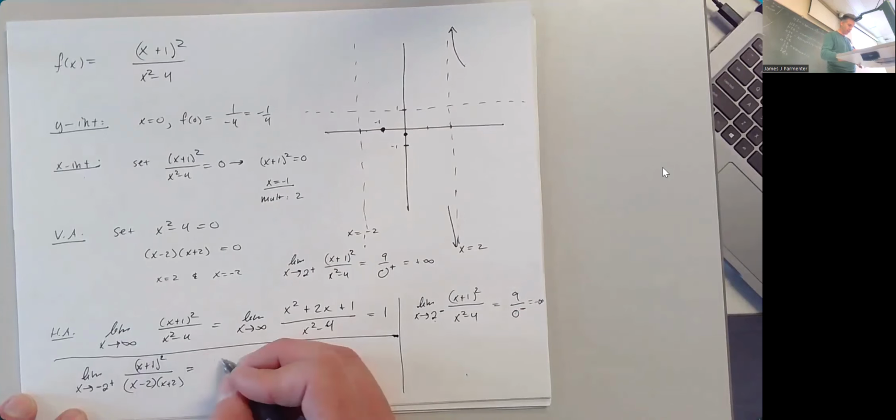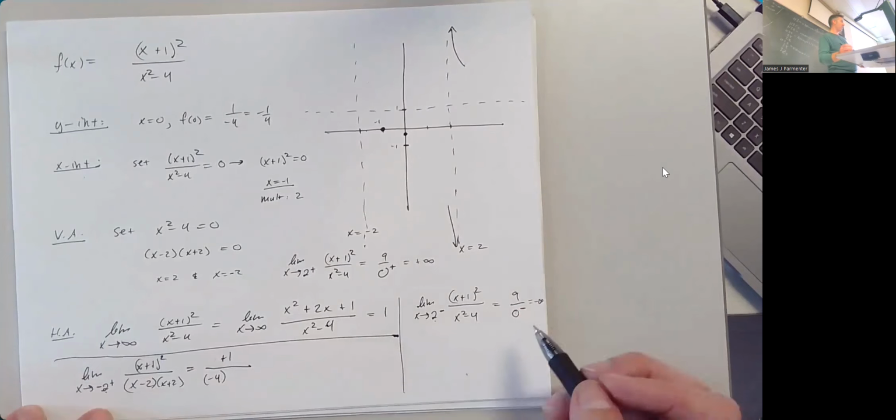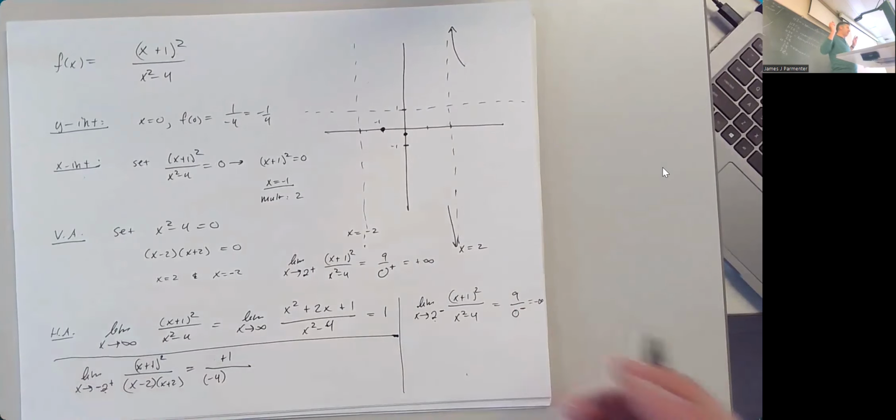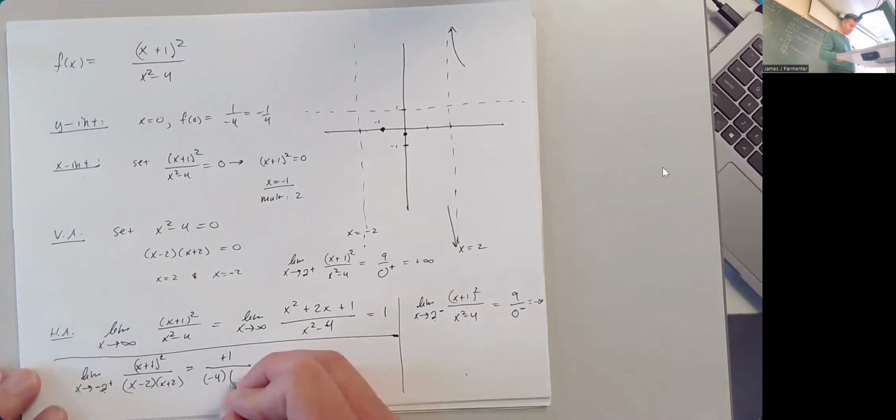Squared is +1. On the bottom, -2 minus 2 is -4. -2 plus 2 is 0. Okay, so we're a little bit bigger than -2. Like -1.9, because that's on the right side of -2. And -1.9 plus 2 is slightly positive.